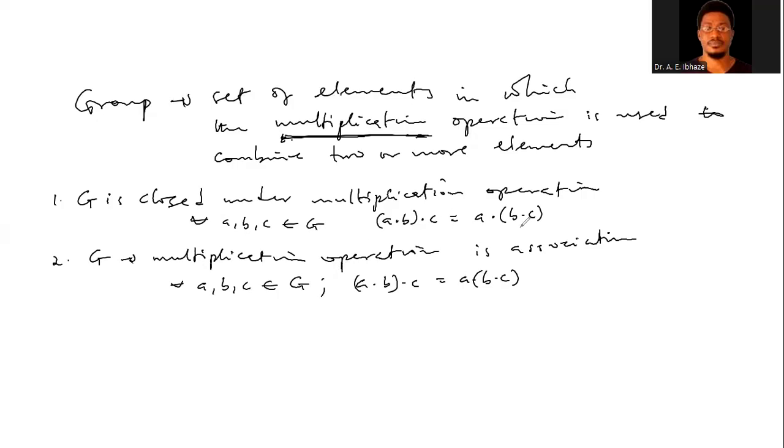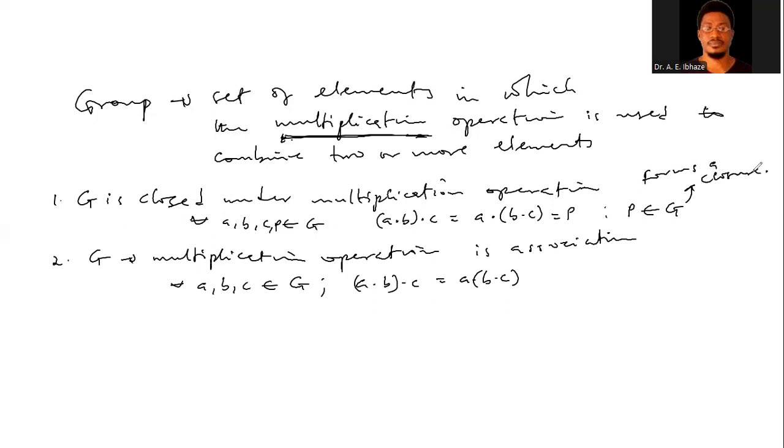So in this case, let me add P here for instance. If this is equal to P, then P is also an element of G. So this forms a closure.